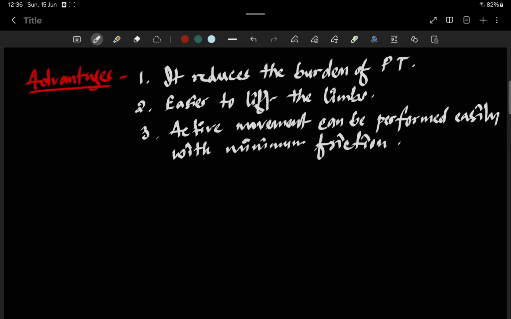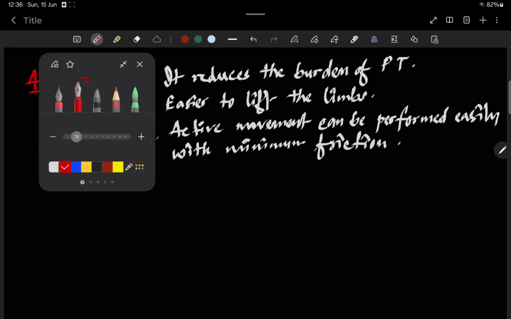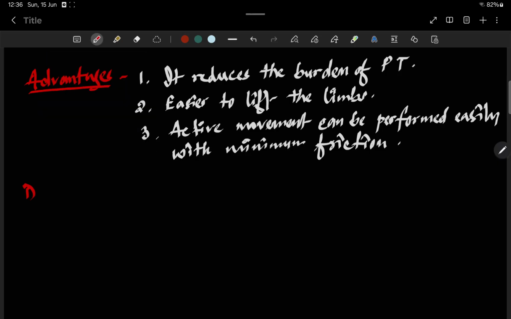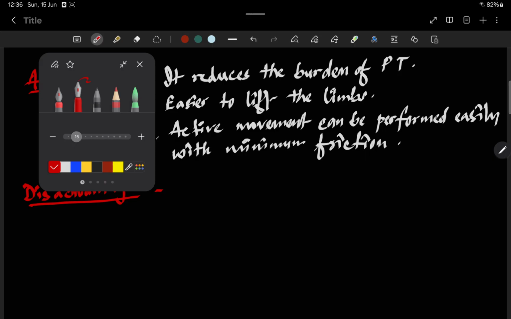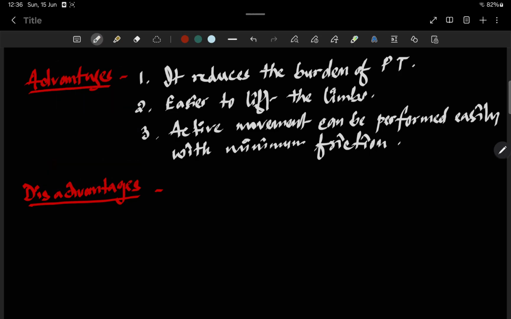What are the disadvantages? It is complex.